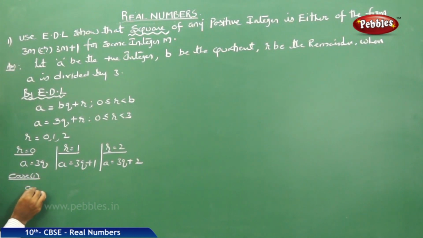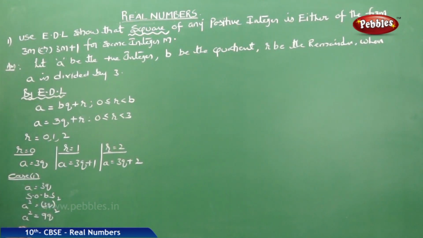Case 1. A is equal to 3q. Squaring on both sides, A square is equal to 3q whole square. A square is equal to 9q square.